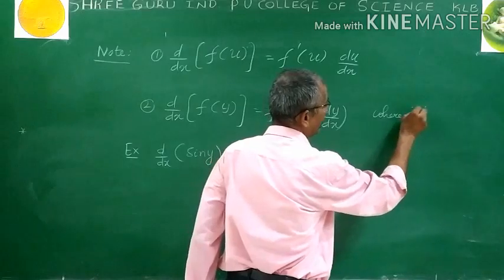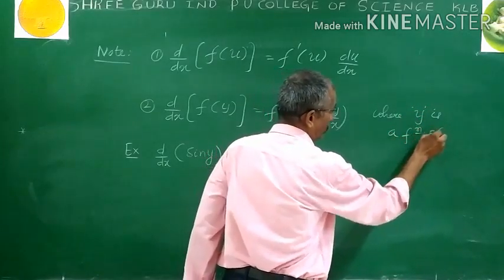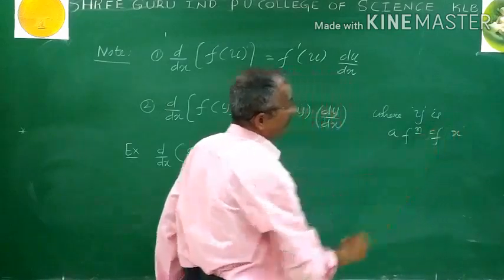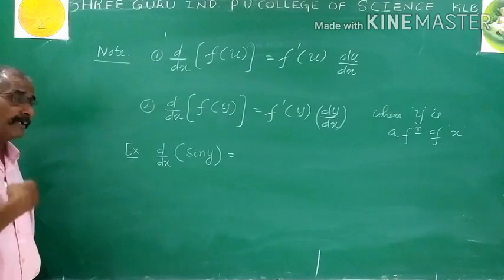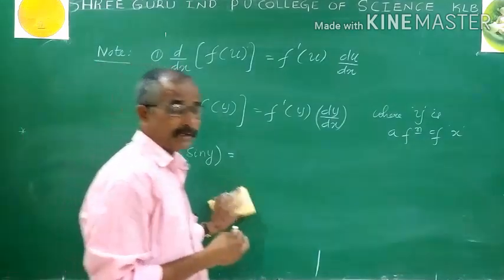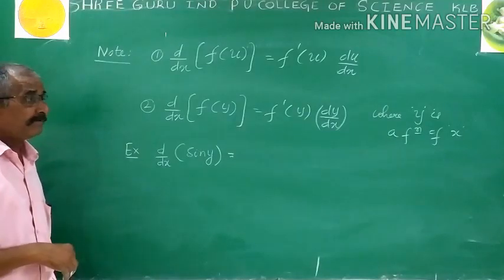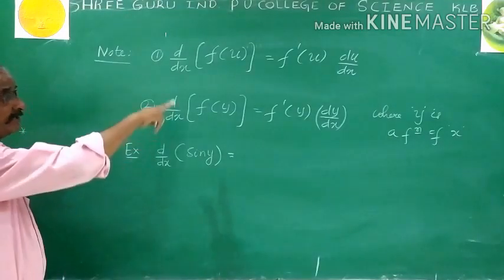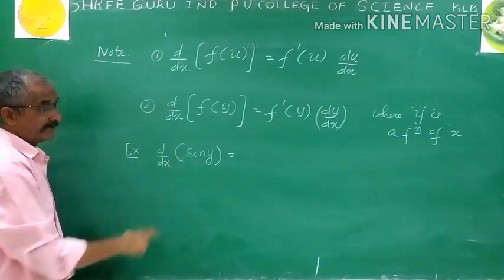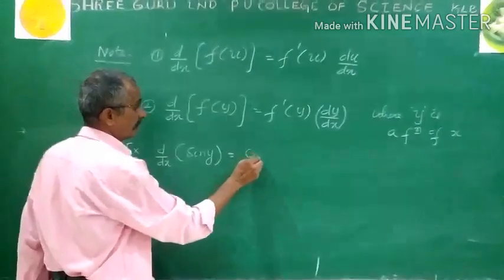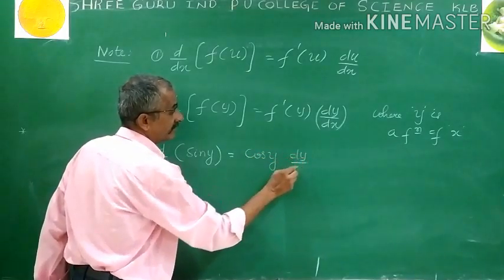Y is a function of x, meaning y is an expression in terms of x. What kind of expression, it will be known in that particular step. But no doubt, y is definitely a function of x. Now, using this small note formula, the differentiation of sin y will be defined by cos y, not only cos y, into dy by dx.